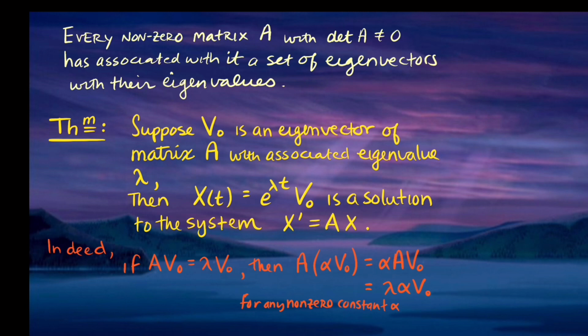Every non-zero matrix A with a determinant not equal to 0 has associated with it a set of eigenvectors with their eigenvalues. So suppose that v naught is an eigenvector of the matrix A with its associated eigenvalue lambda. Then x of t equals e to the lambda t times v naught is a solution to the system x prime equals Ax. And indeed, any scalar multiple of that particular eigenvector would also be a solution.